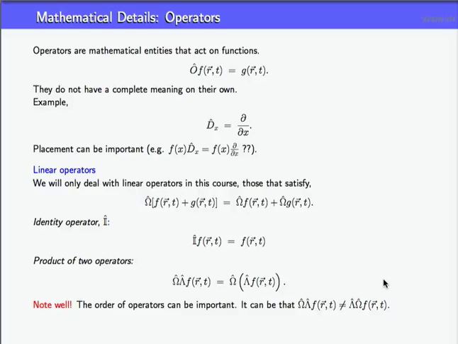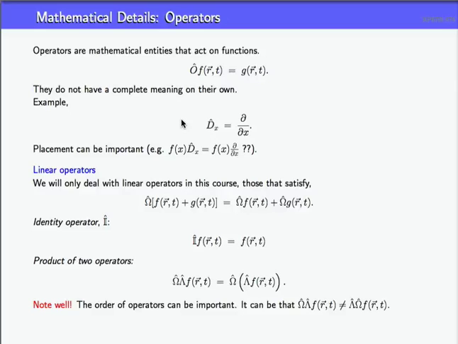So first of all, recall that operators are just mathematical entities that act on functions. So we take an operator O, and we're going to use that little caret on top to indicate operators. In advanced notation, that's not often there, but we will keep it here. That operates on a function, and you get another function back. An example we talked about was the derivative operator.